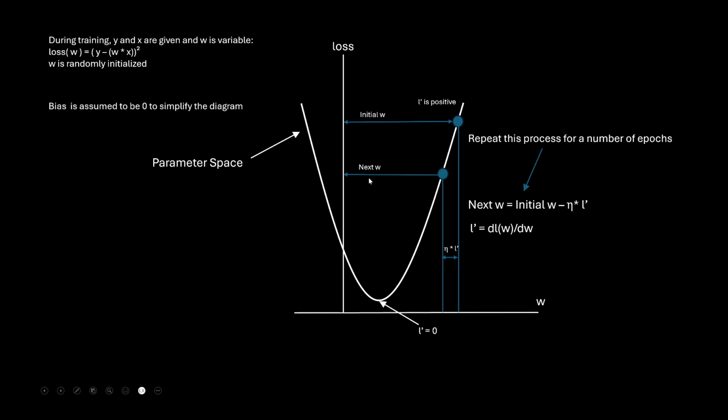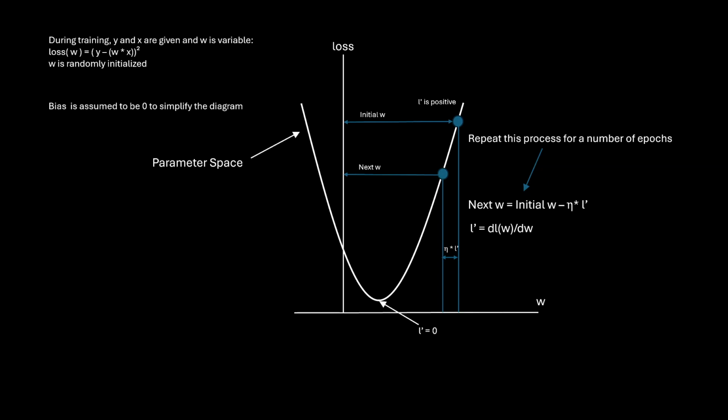So the next W here, visually you can see it's the initial W minus the training rate or the learning rate times the derivative. It's the same equation even if the initial W is on this side of the parabola.